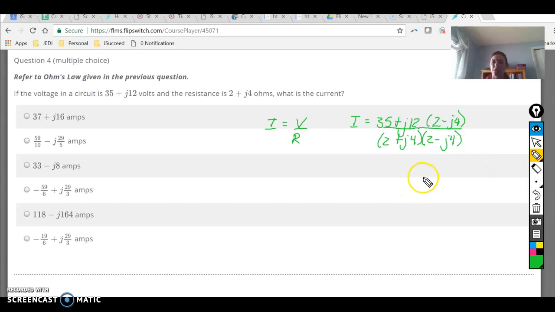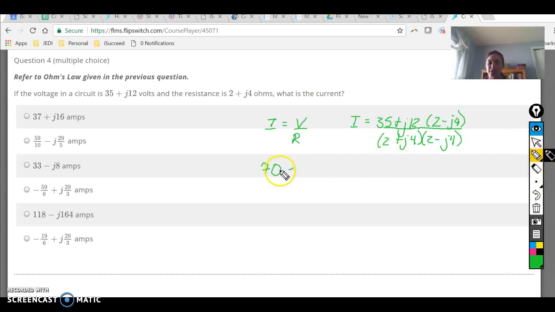All right, so I'm going to go ahead and use the FOIL method on top, and when I do that, I am going to get 70. My outer terms are negative 35 times 4, which is negative 140, actually.